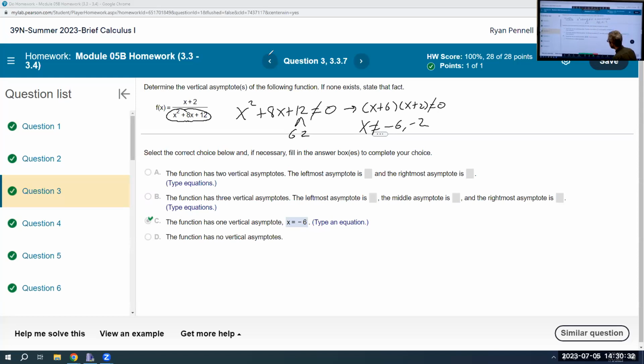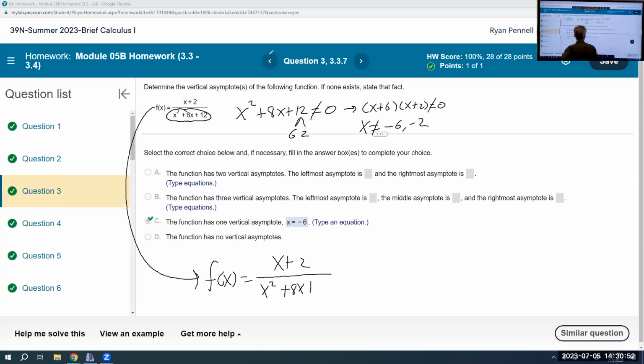Now, why does it say the function has one vertical asymptote there? Go into the original function, f of x. x squared plus 8x plus 12 is x plus 2, x plus 6, x plus 2. What happens is it reduces.